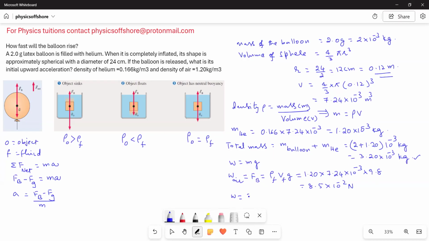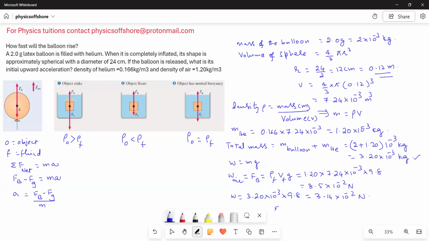So 3.2 times 10 to the power of negative 3 times 9.8. What is this value? This is equal to 3.14 times 10 to the power of negative 2 newtons.